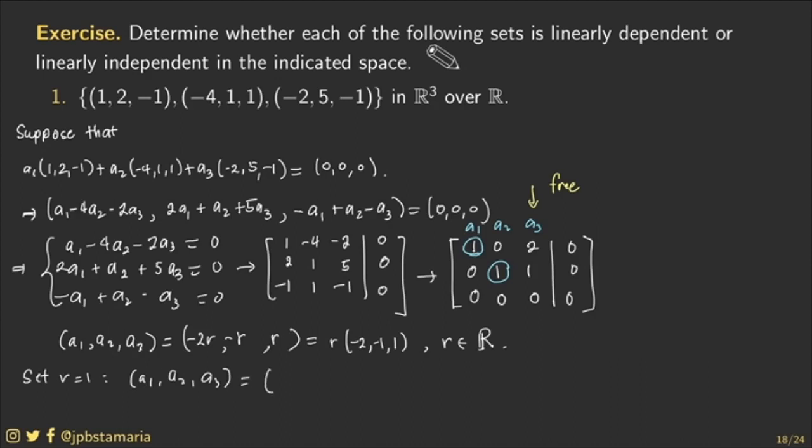But the fact that we have a non-zero solution, or a solution that is not the same as the zero vector, means that this set is linearly dependent. Okay? That's the conclusion. So this set is linearly dependent.